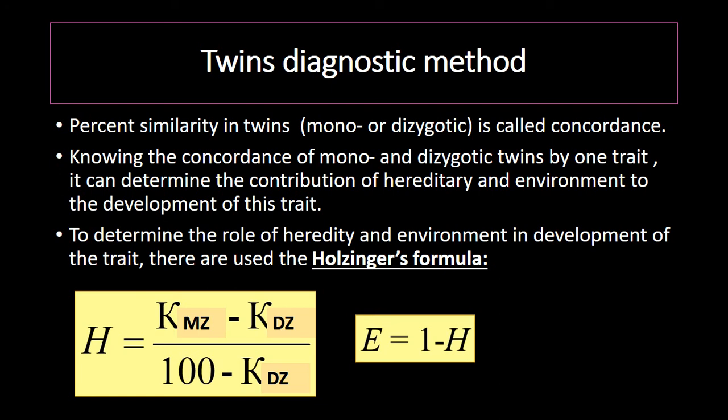To determine the role of heredity and environment in the development of the trait, Holzinger's formula is used. It looks like this, and let's see. H is the coefficient of heredity, and we use the letter H because it means hereditary.